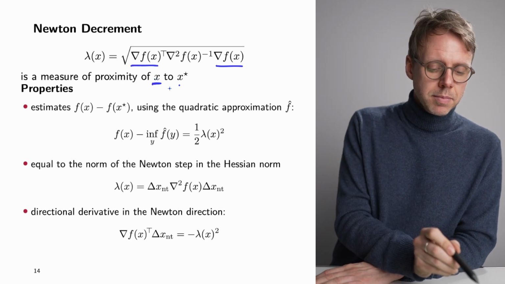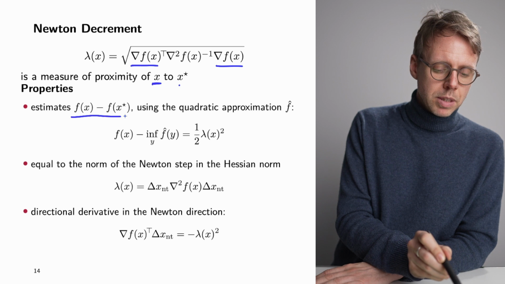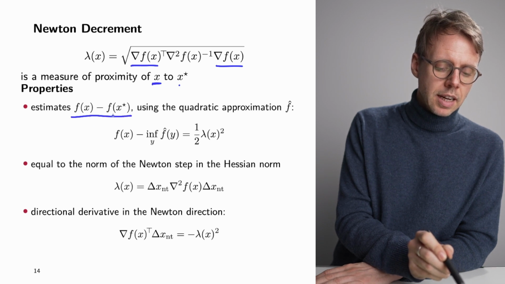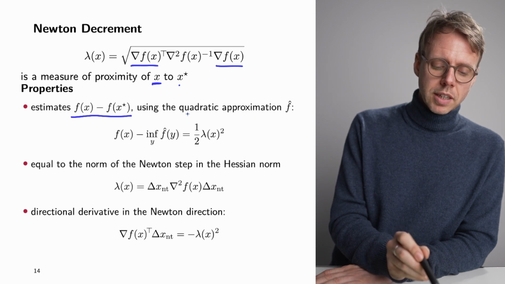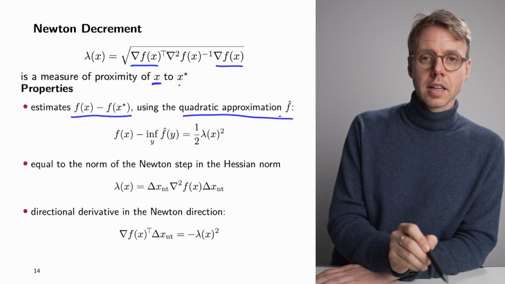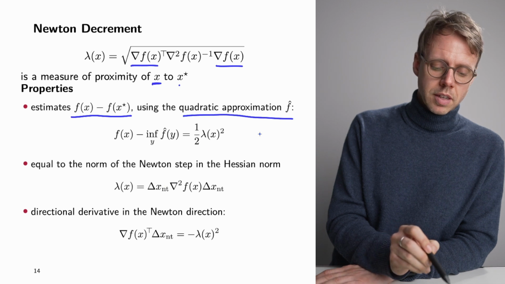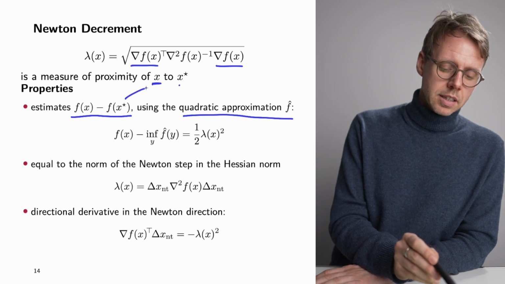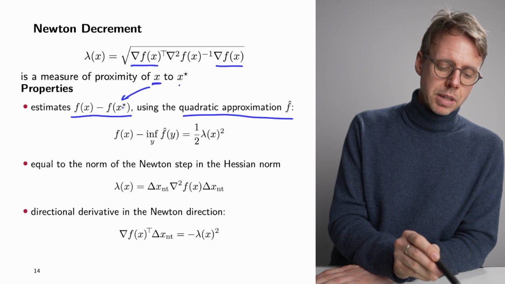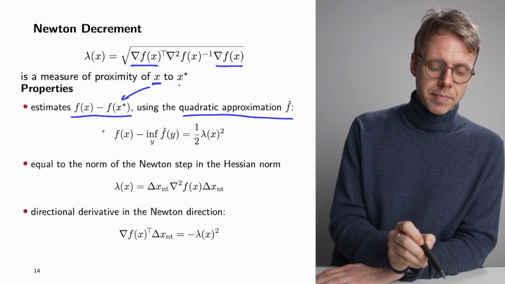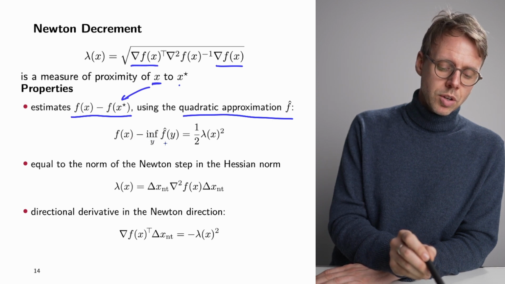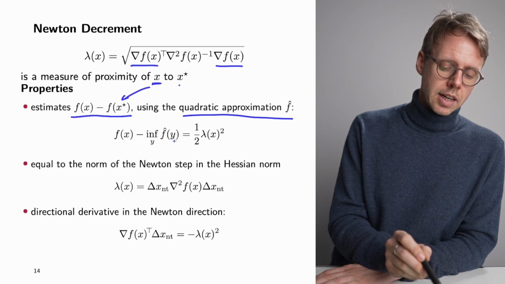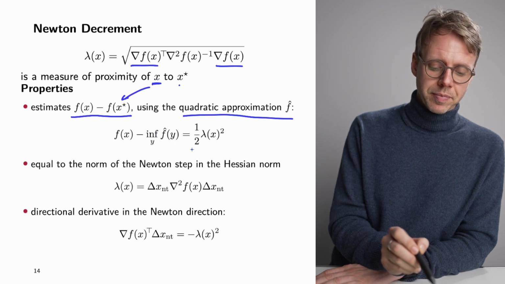In fact, it estimates this proximity between f of x and our function value at the optimum using the quadratic Taylor expansion of f. So it estimates the location of x star as the minimum of this Taylor expansion. It's f of x minus the infimum of this Taylor expansion of f.